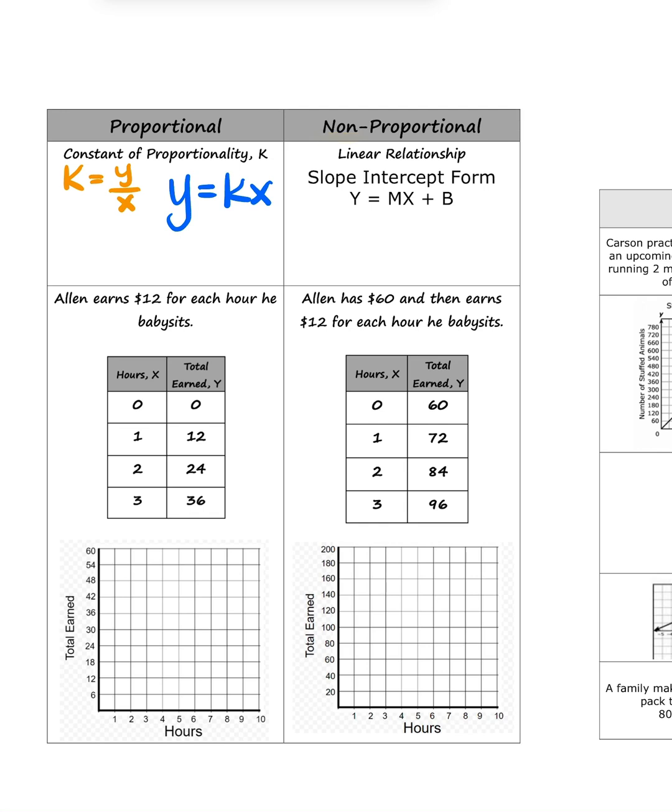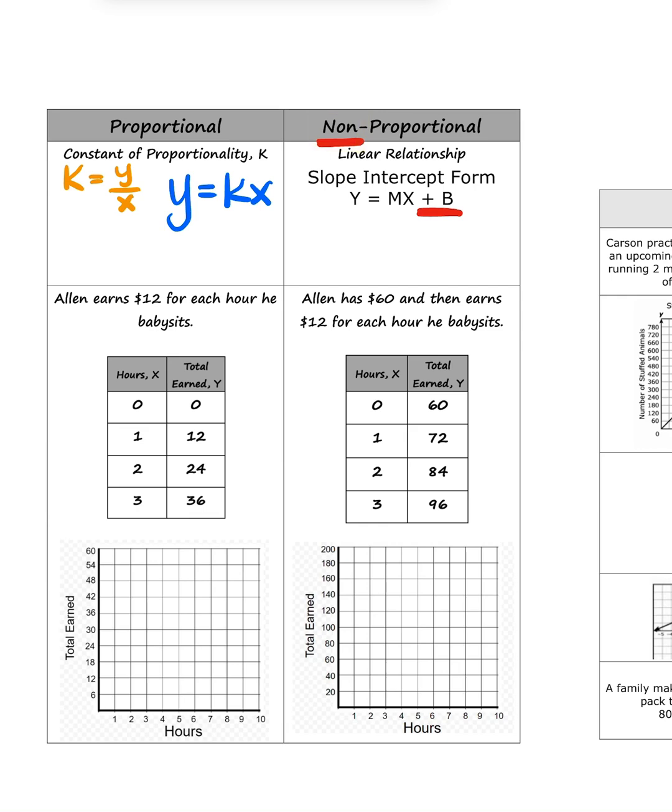You can see in our constant of proportionality, we just had the multiplying. There was no addition or subtraction. But in our slope-intercept, we have that addition or subtraction, which makes it not proportional.